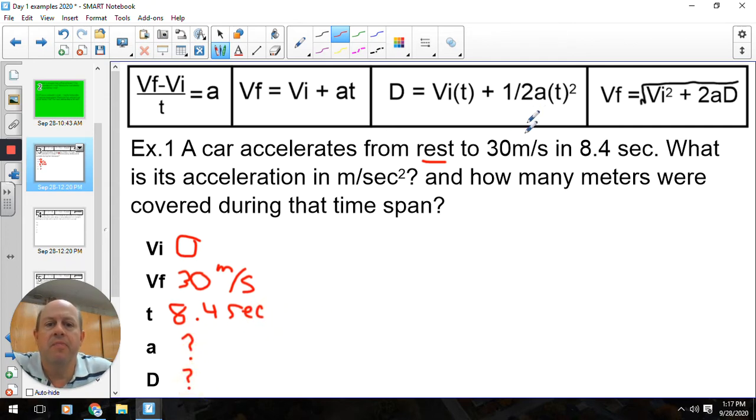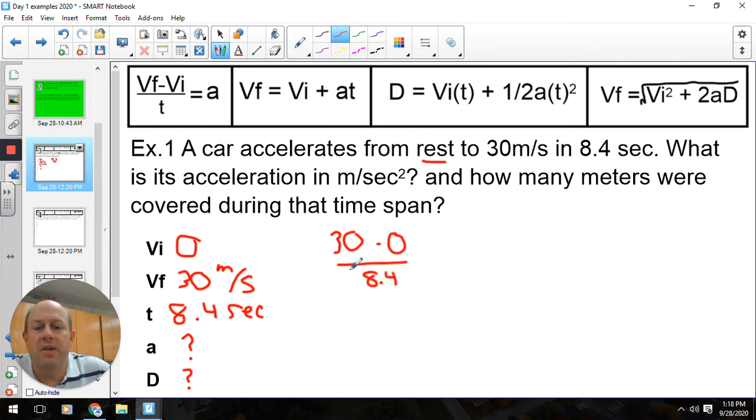So using the formulas that we know the most about, in this case we know VF, we know VI, and we know T, so this first equation would work really well to solve for that. So 30 minus 0, VI, over our T, 8.4 seconds.